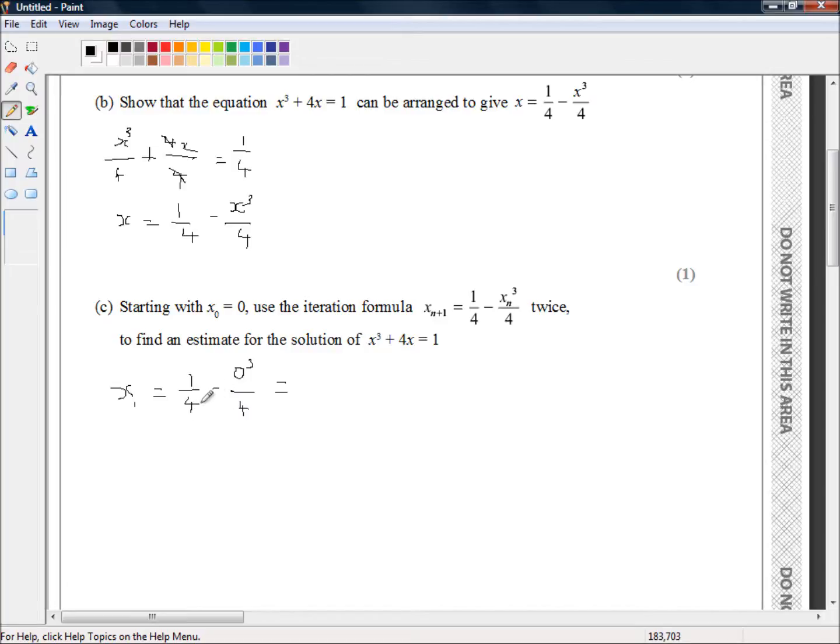You start with a number, you take 0 away from it, you're not going to change that number. So this is 1 over 4.